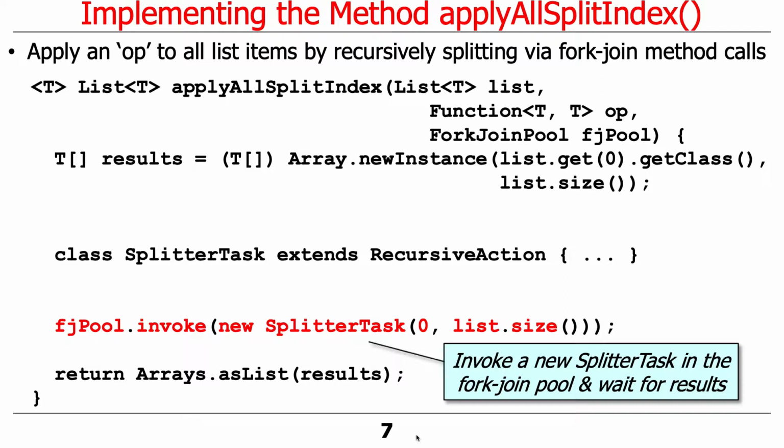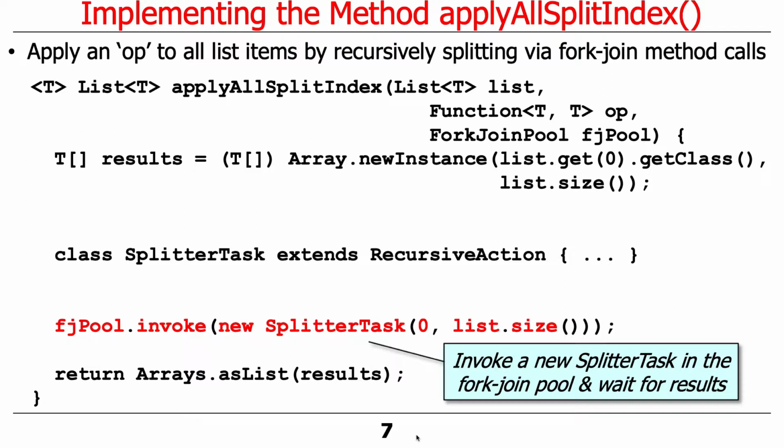Remember before we passed a list in to splitter task. This splitter task has a different structure, and instead of storing a list, it's going to store indices to the beginning and one past the end of that sublist. And of course, what it's going to be pointing to is this array. And we'll talk about that in a second.